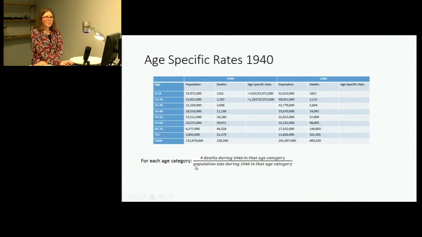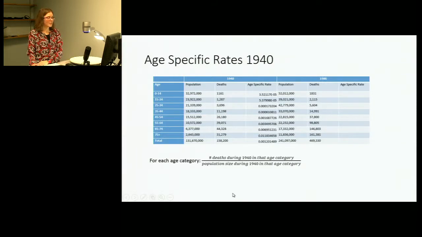And then dividing by the population size during 1940 for that age group. So here it was 32,972,000 people, ages 0 to 14, and we do that division. We continue that process down throughout each of the age groups, and we get these age-specific death rates.